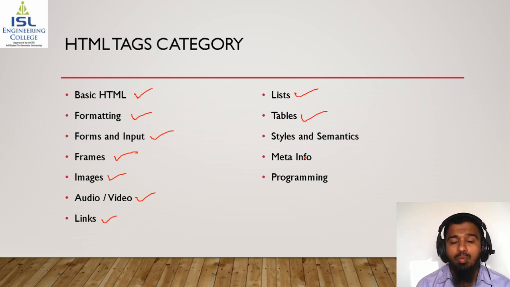And there is some programming, like scripting; with that you can add a scripting language, that is programming. So these are the HTML tag categories. Based on your requirement, you need to use from these categories.